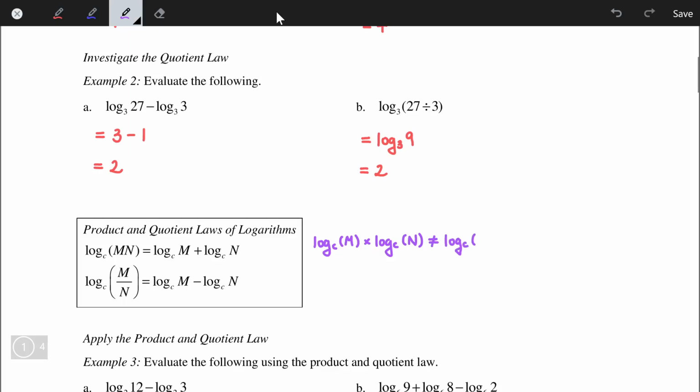So very important to note that this is the product law and this doesn't work.